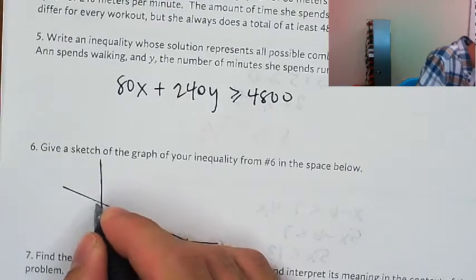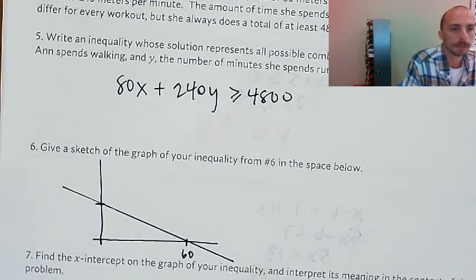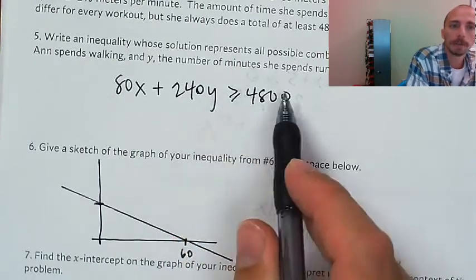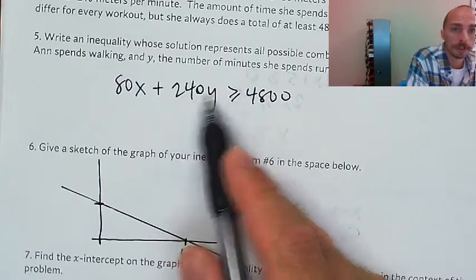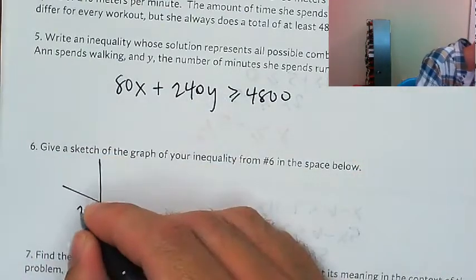All right, and now I need to figure out what the y-intercept is going to be. What would I take 240 and multiply it by to get 4,800? Well, 24 times 2 is 48. 240 times 2 is 480, so it's going to need to be 20.